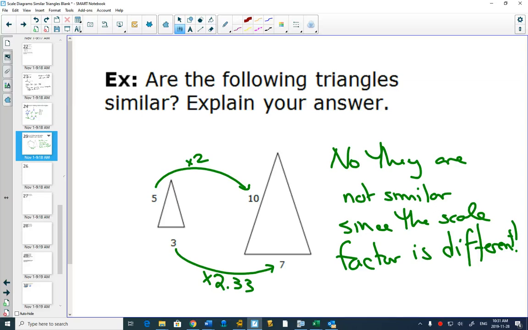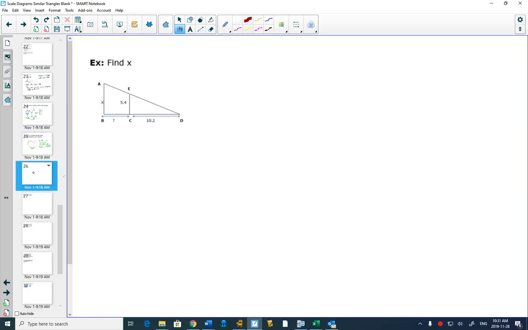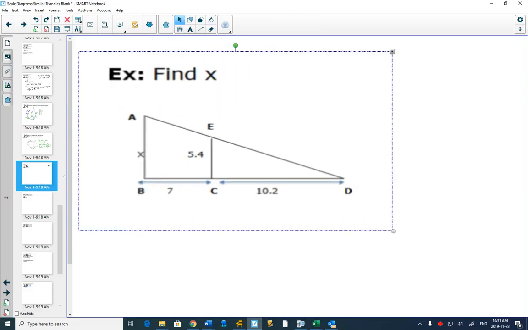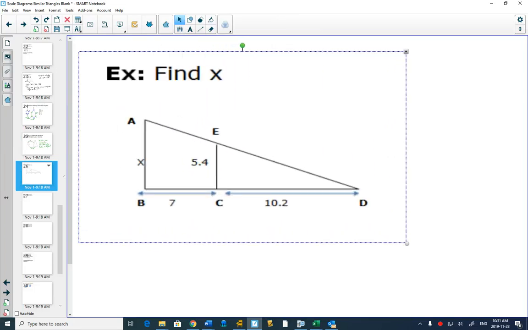Sometimes your scale factor triangles become difficult. This is one of those examples. Okay? What this example is expecting you to see is which triangles are similar.